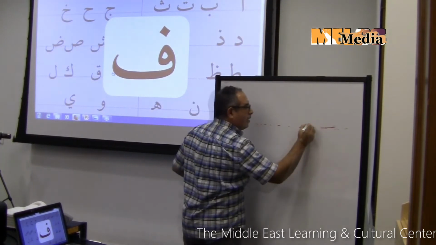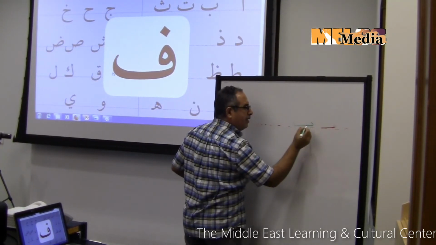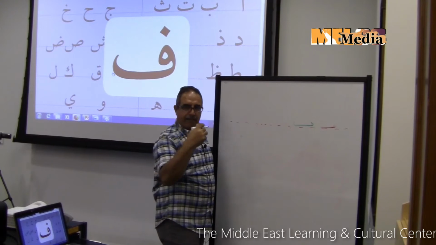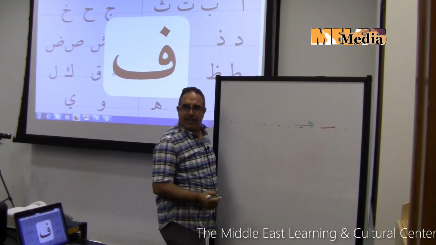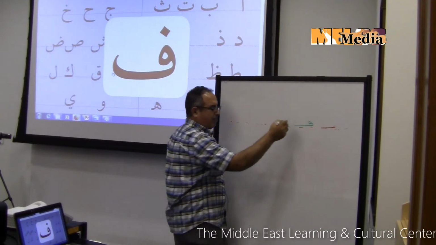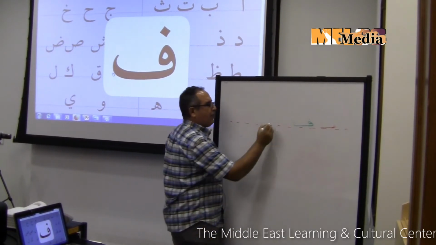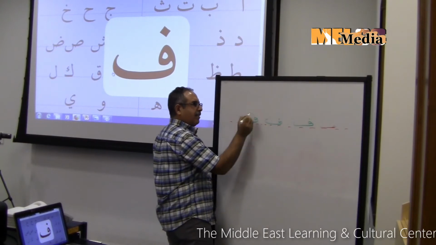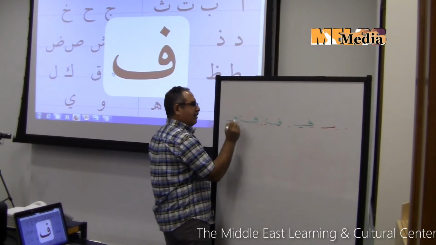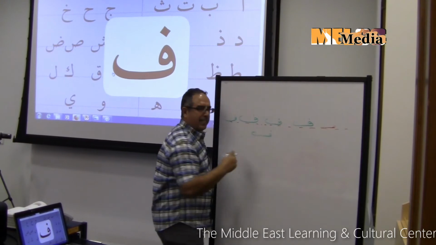fa is like ba here. Remember how we write ba? But that has a little neck or head over here. Okay? So we write it like that. The circle, then like that. Circle, and then like that. Circle, then you extend it.